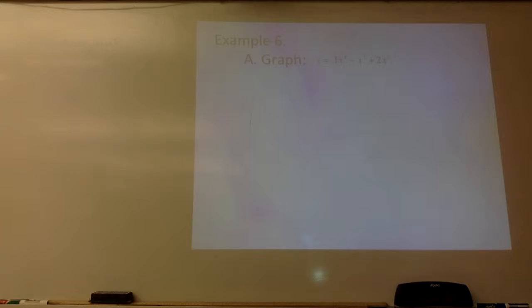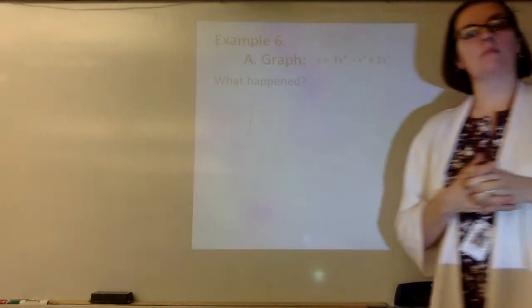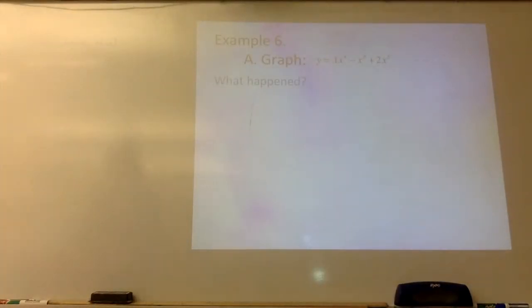If we look at the first example, which does start with the decimal point 1, and we graph it, what happens in your picture? Do you see anything? You see most of the graph, yes?